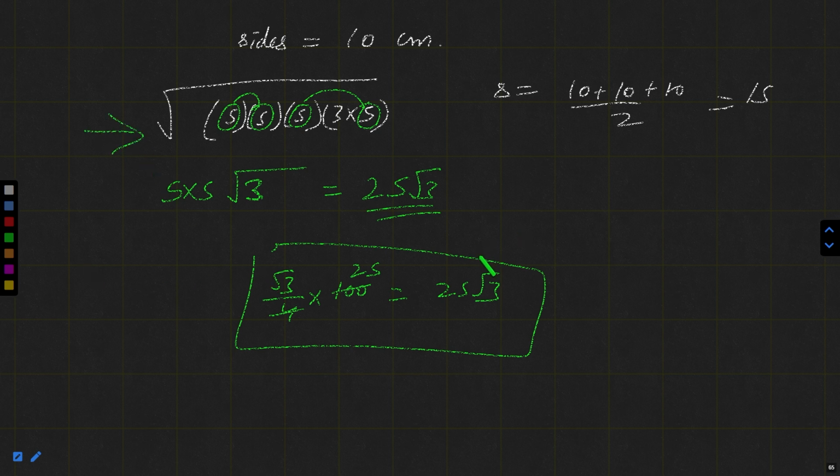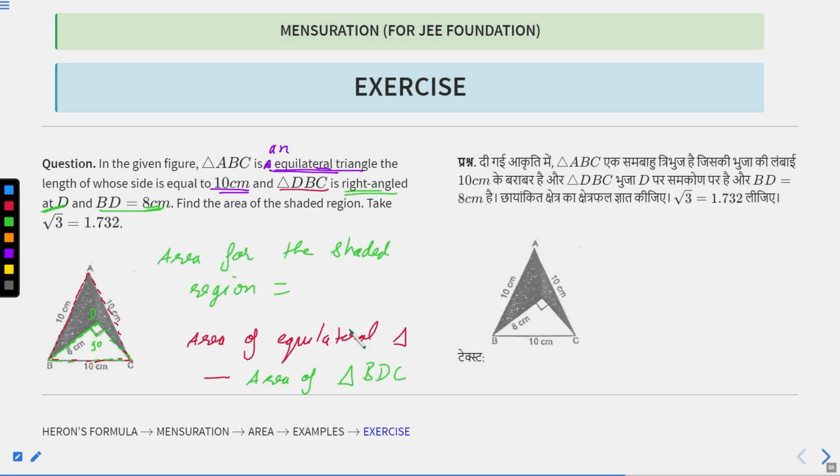You must remember the formula, because the formula will ease your work. Here A is the side, so the side square. I hope this is clear. Now the area for this whole equilateral triangle is 25 root 3.